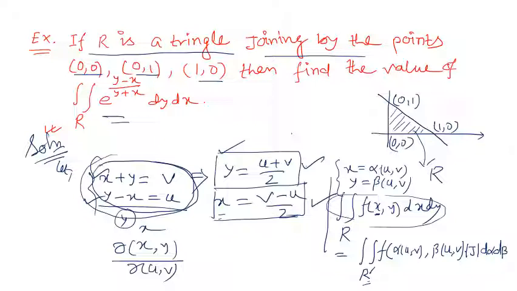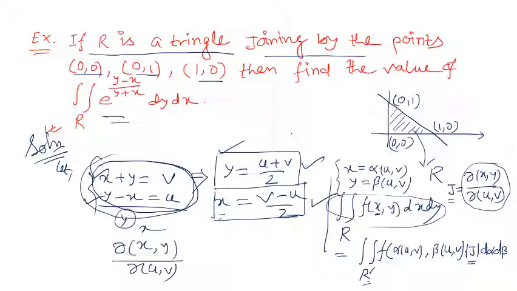And this Jacobian is given by J equals del(x, y) by del(u, v), not del(u, v) by del(x, y), right?